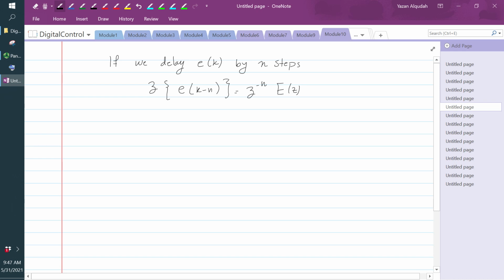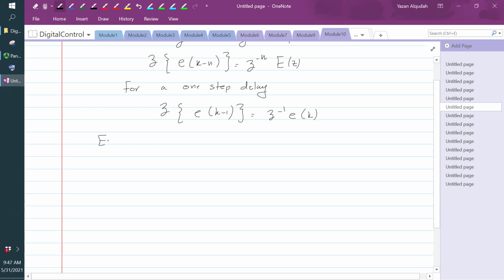And if n is equal to 1, for a one step shift or delay, I'm going to get the z transform of e of k minus 1 is going to equal z to negative 1 multiplied by e of z. Again, let's do a quick example to show that.